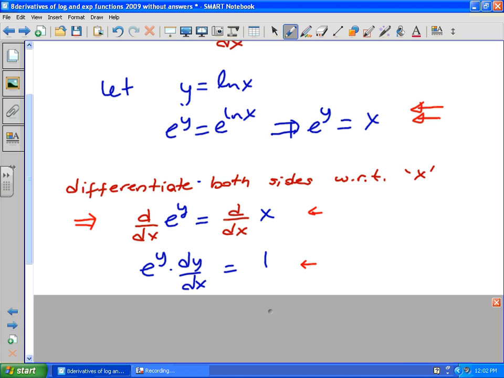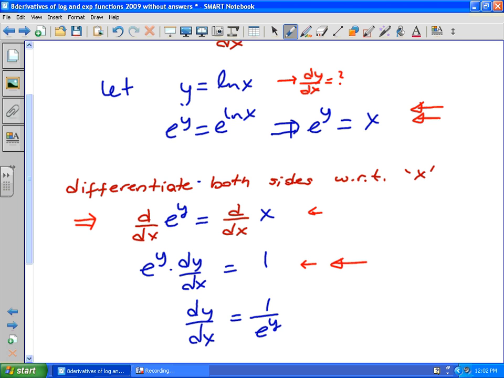And remember, we were trying to find dy dx, because if y is ln x, we're trying to find the derivative of the ln x function. So if we could solve this equation for dy dx, we will be done. That's what we'll do next. Solve for dy dx, and you get 1 over e to the y.